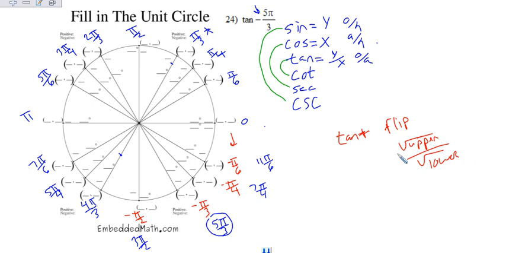So if you flip your hand over, you have the square root of 3 over the square root of 1, which reduces to the square root of 3. So finally, after this lengthy discussion, we have the tangent of negative 5 pi over 3 is equal to the square root of 3. Okay, hopefully that helped you a little bit.